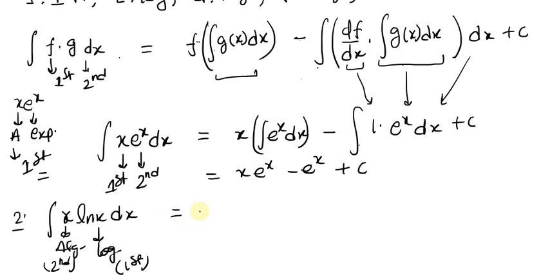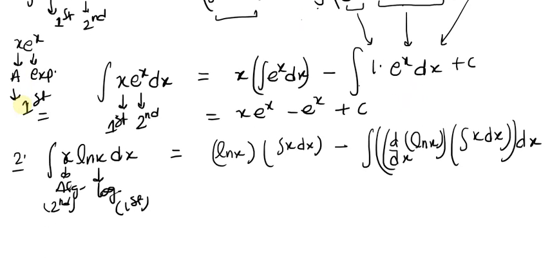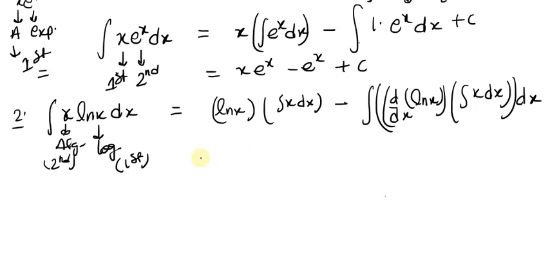So according to this, now ln x will be kept here, and the integration of x dx, minus, now here you will differentiate ln x, right, and integrate x dx, and that completely integrated like that. So if you understand this, then you have understood completely the by parts method.